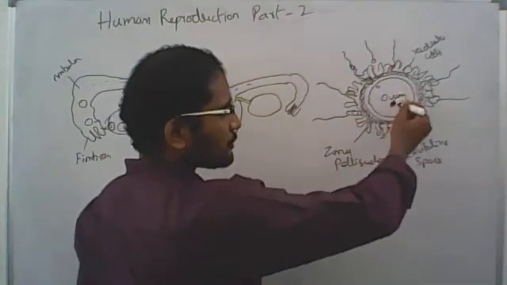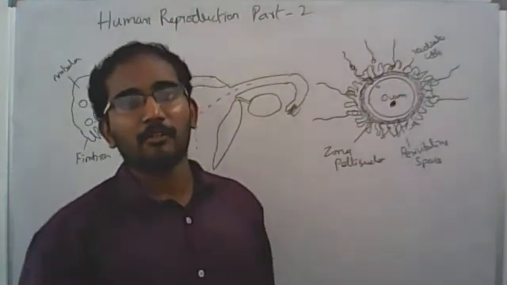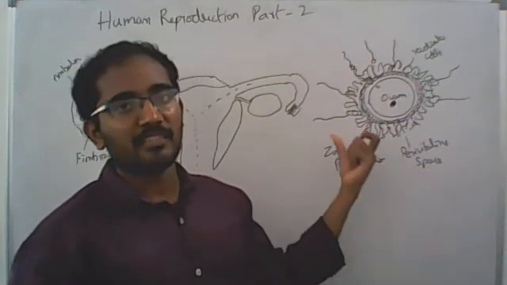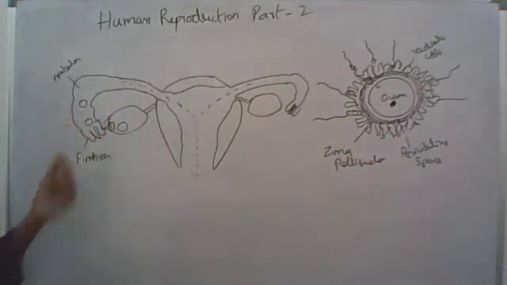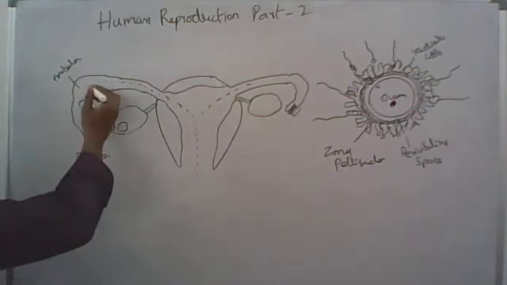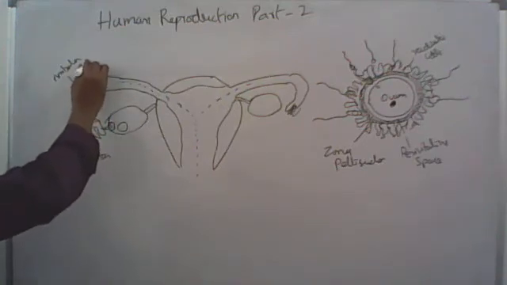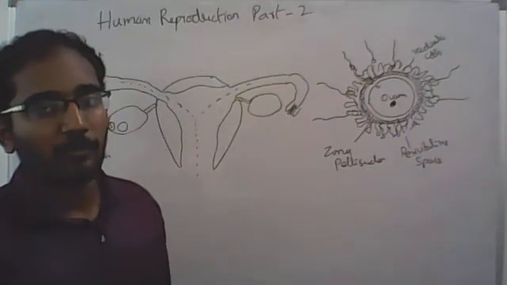Now these two haploid nuclei fuse together and form a new diploid nucleus. Now this cell is the fertilized one. The fertilized cell is called a zygote. So you can see that if the sperm successfully reaches the egg, the egg is now fertilized. Now it is a zygote.